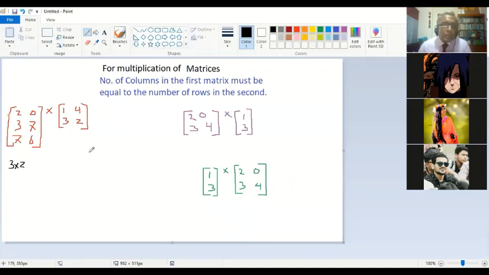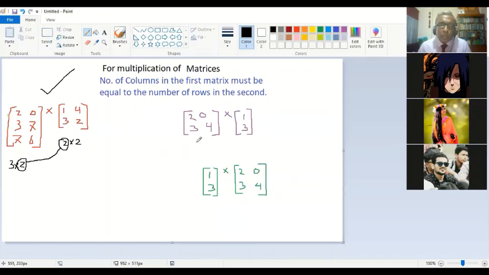Now let me check. In the red color example, the first matrix is 3/2, second matrix is 2/2. You will count the number of columns in the first, it is 2. Number of rows in the second, it is 2. So both are the same, so it is possible. You will say yes, it is possible to multiply.